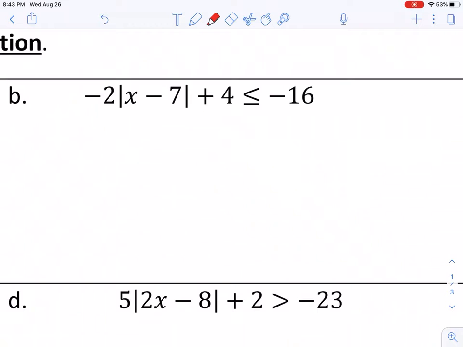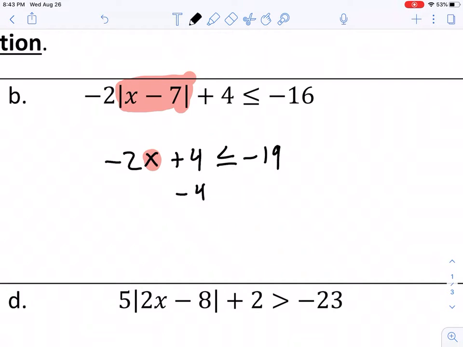For this one, here's my absolute value that I'm getting by myself. Think about it like this. If I had negative 2x plus 4 is less than or equal to negative 16, what would I get rid of first to get x by itself? I would get rid of the 4.